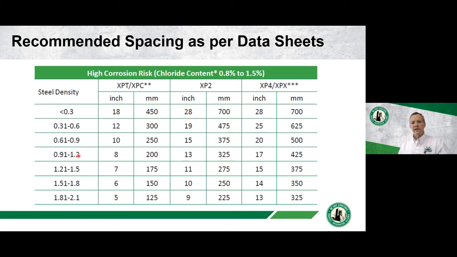And if we go across to the right, we can see that for steel density 1 with a high corrosion risk, such as a chloride content of say 1.2% chlorides, the recommended spacing for XPT or XP compact anodes would be 8 inches on center or 200 millimeters. Alternatively, you could use XP2 anodes at 13 inches on center or 325 millimeters, or you could use XP4 or XPX anodes at 17 inches on center or 425 millimeters on center.